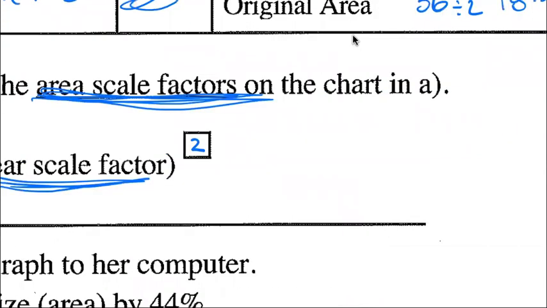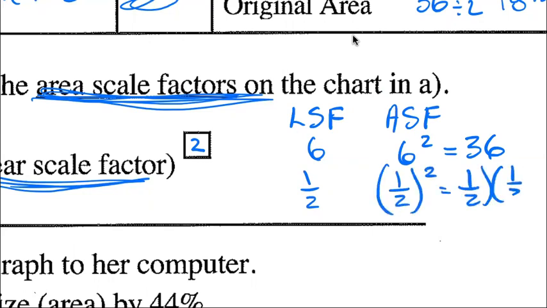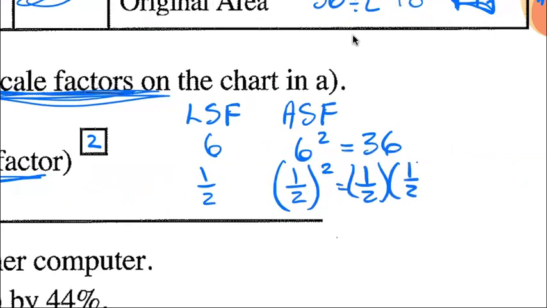So if I have a linear scale factor of 6, my area scale factor is 6 squared, or 36. If I have a linear scale factor of 1 over 2, my area scale factor is 1 over 2 squared, which means 1 over 2 times 1 over 2, which is 1 over 4.